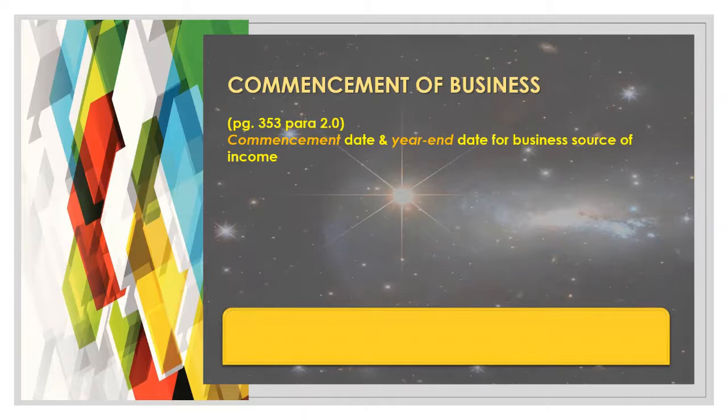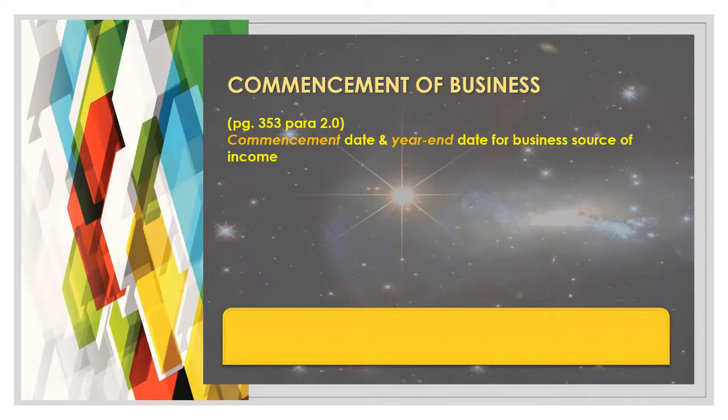Or it might also happen that you commence your business in 2017, but your first year end is in 2018, which is the following year of your commencement year. Or sometimes you commence your business in 2017, but you close your first set of accounts in 2019, which is the third year after your commencement year.